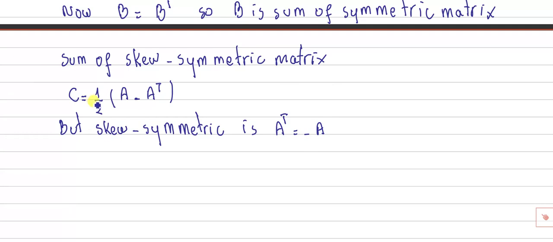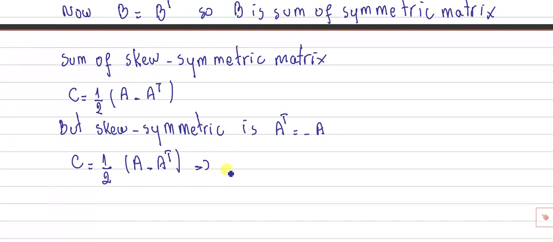So this one I have C equal to 1 over 2 A minus A transpose.